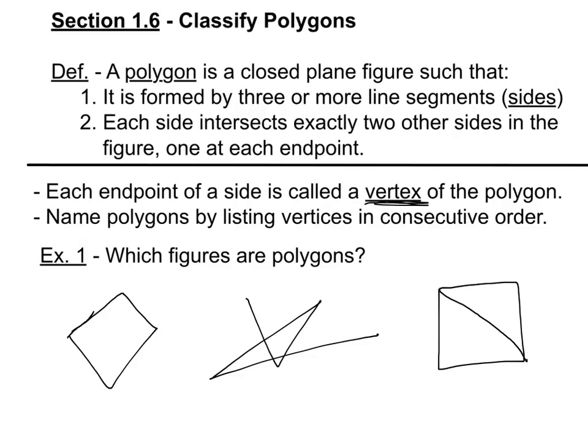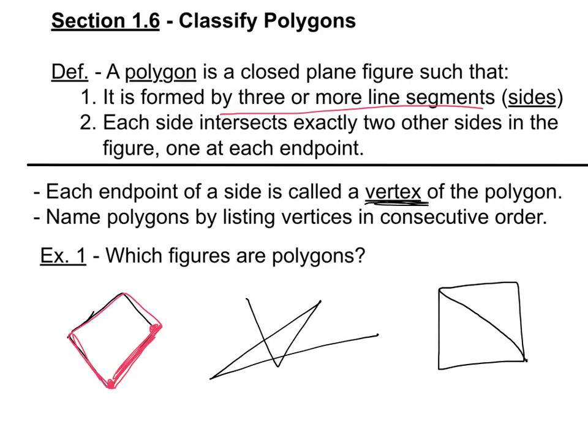With the first figure, it kind of looks squarish, almost like a kite, and it's formed by four straight segments. So that's the first part of the definition. It's three or more line segments, so that's good. And then each side intersects two other sides in the figure, one at each endpoint. Well, let's see if that's true. So each side, let's see, this side here, that intersects two other sides, right?